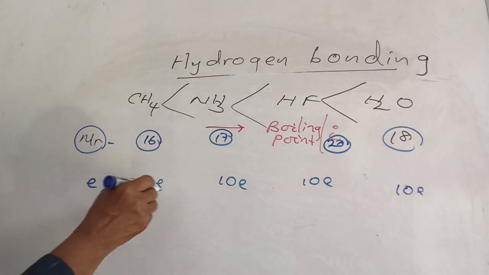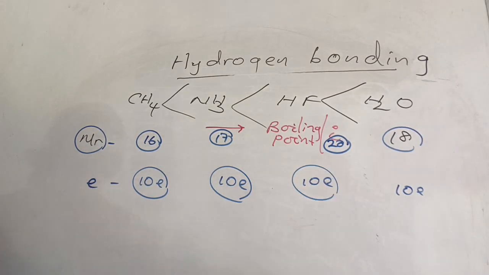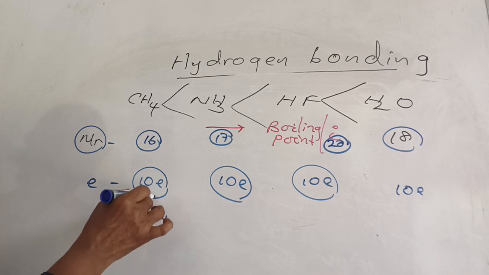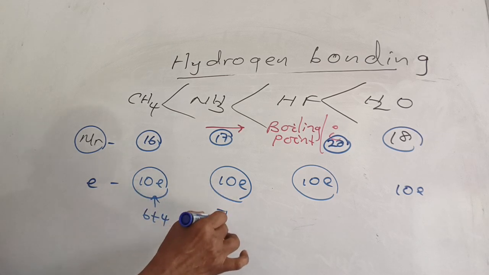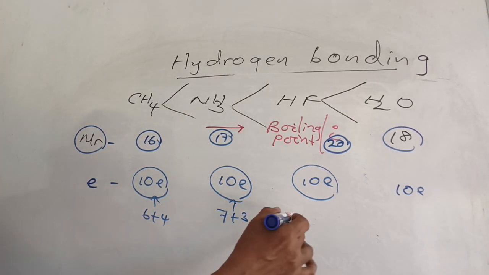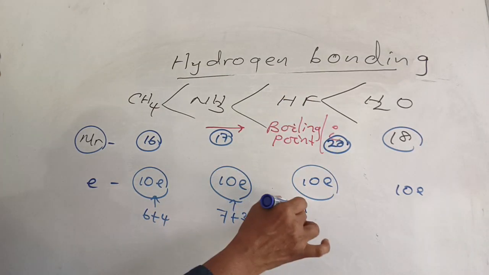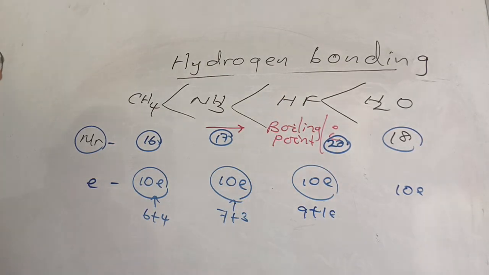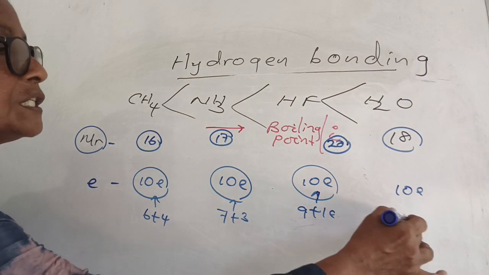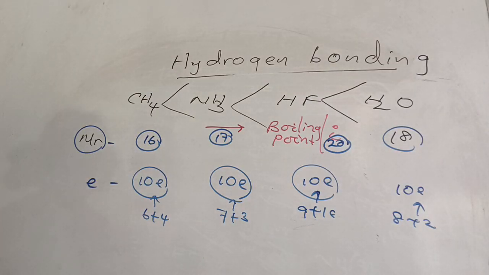They contain 10 electrons in methane, 10 in ammonia, 10 in HF, and 10 in water. In methane, carbon 6 plus 4 from hydrogen makes 10. Nitrogen 7 plus 3 from three hydrogens makes 10. Fluorine 9 plus 1 from hydrogen makes 10, and for water, oxygen 8 plus 2 gives a total of 10 electrons.